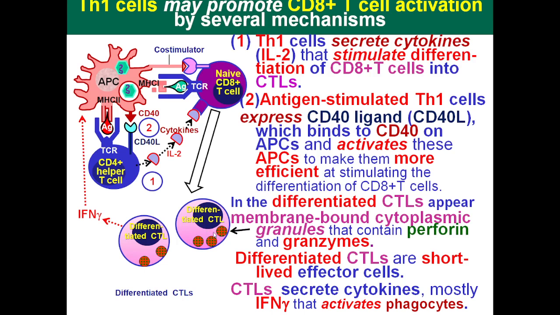Differentiated cytotoxic T lymphocytes have granules, vesicles, with the cytocidal substances, granzymes and perforins. Granzymes and perforins are substances toxic for the human cell, accumulated in the granules of mature differentiated cytotoxic T lymphocytes.